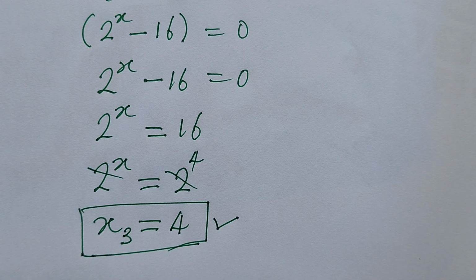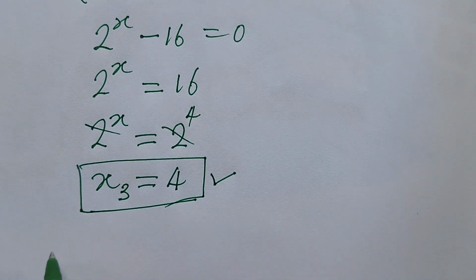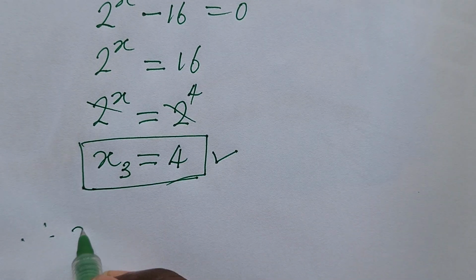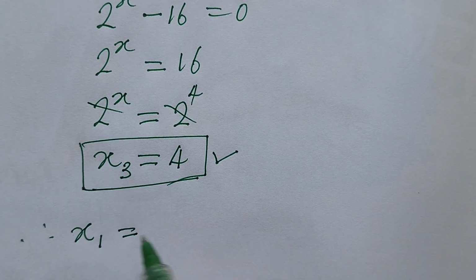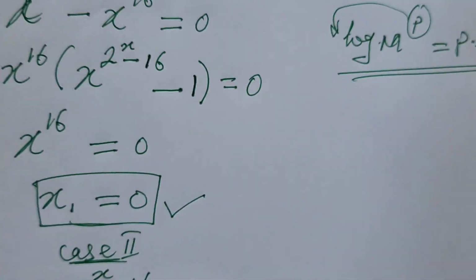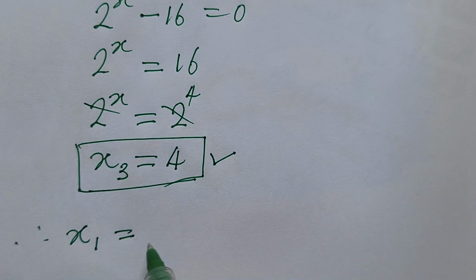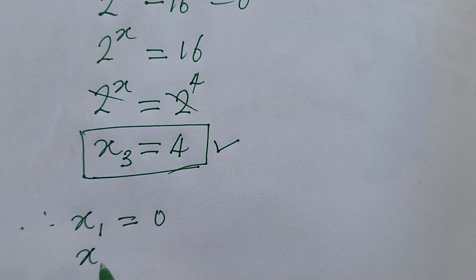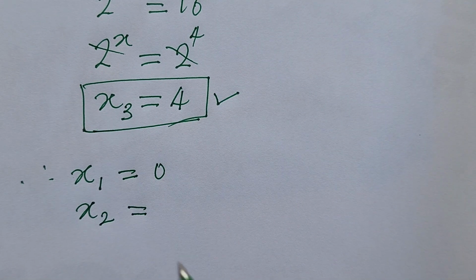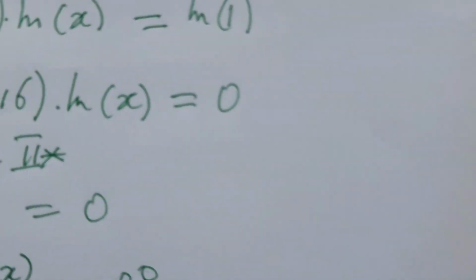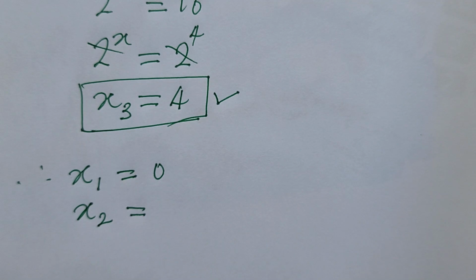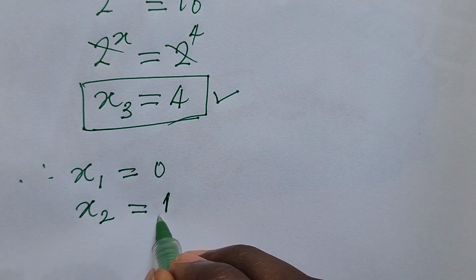So in all, what are the values of x that really satisfy this equation that are integers mathematically? Let's bring that out. Therefore, we have x1 equal to 0, which we solved for already. Then x2, we solved for already, which is positive 1.